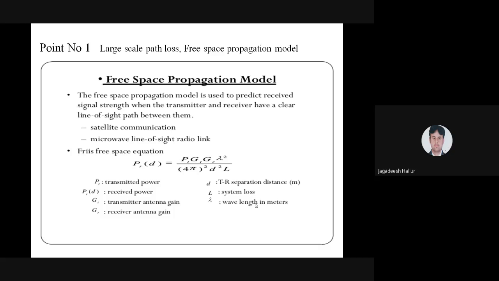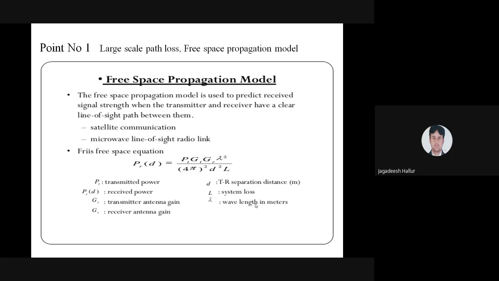They are going to see how much is the transmitter's power, how much is the transmission gain, how much is the received gain, how much is the wavelength, how much is the distance, and what losses are present in that particular signal. All these parameters they are going to consider. He has written here free space propagation model.